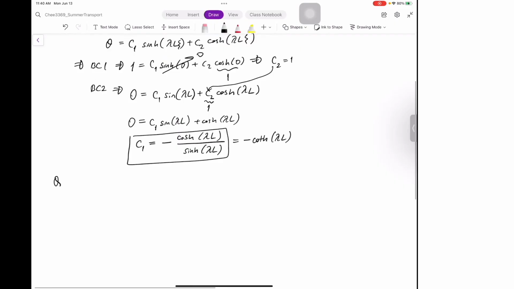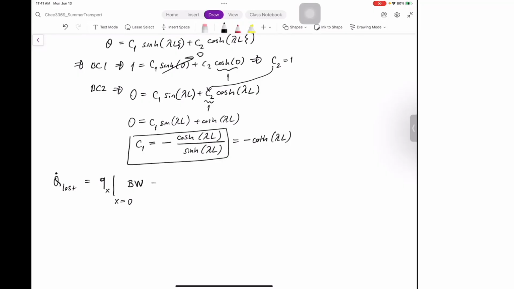The Q lost is equal to the Q at x equal to 0 times BW, right?